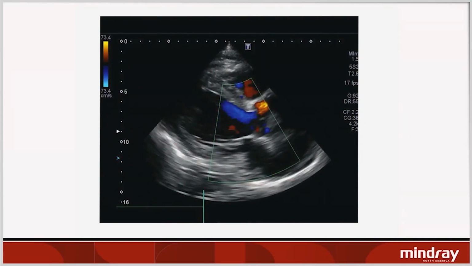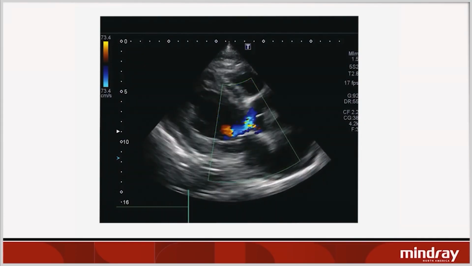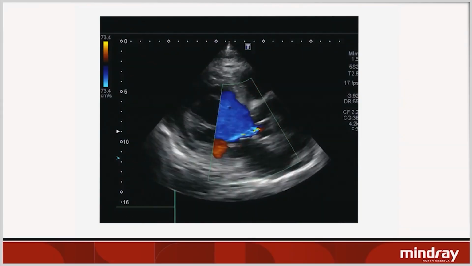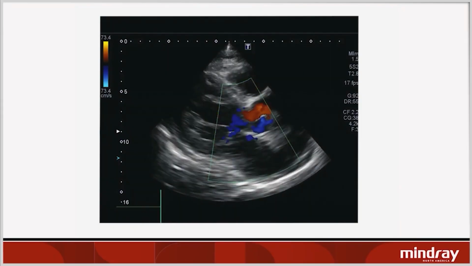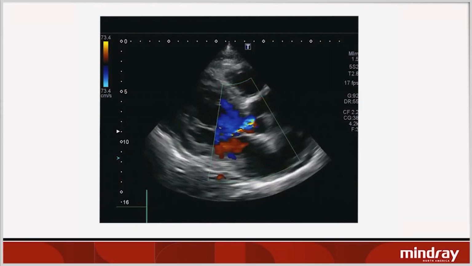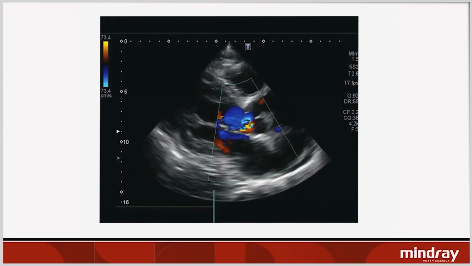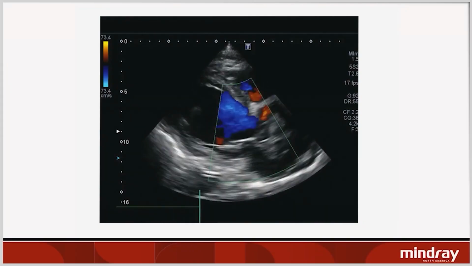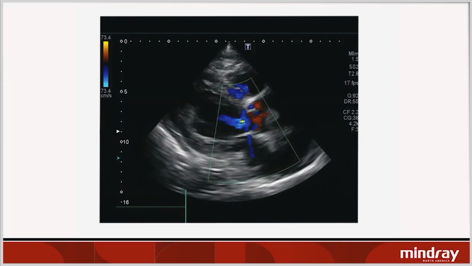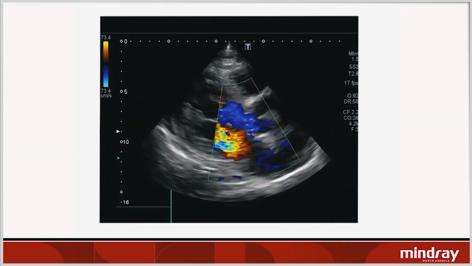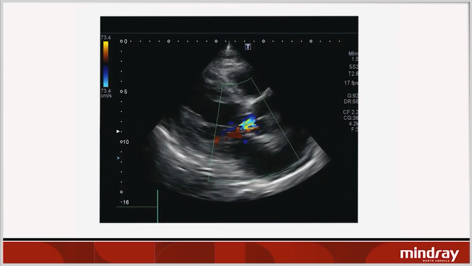This is a problem that nobody has normally. Some people have a little bit of wisp of mitral regurgitation, and they're young, healthy people, and it doesn't matter, but nobody normally has aortic regurgitation. So any sign of aortic regurgitation should be investigated further.